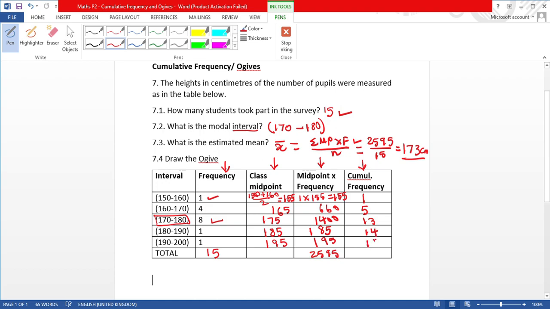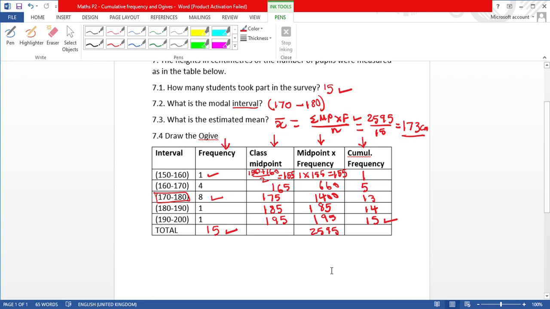And then another one, you get a 15. The way to check whether your cumulative frequency is correct, the last value of your cumulative frequency should give you the frequency. So this is how you work out the cumulative frequency.